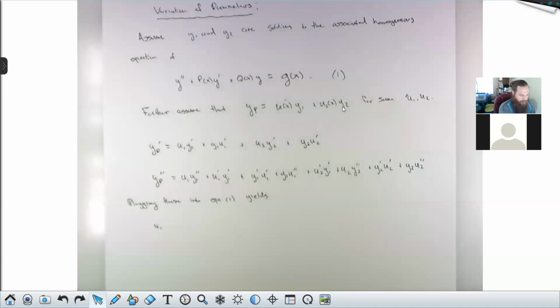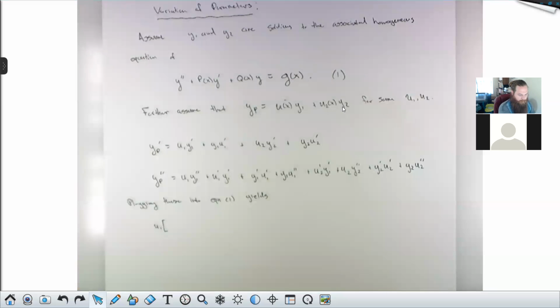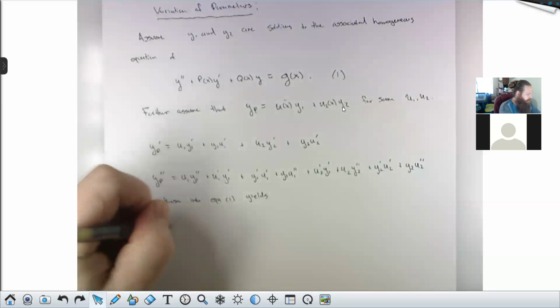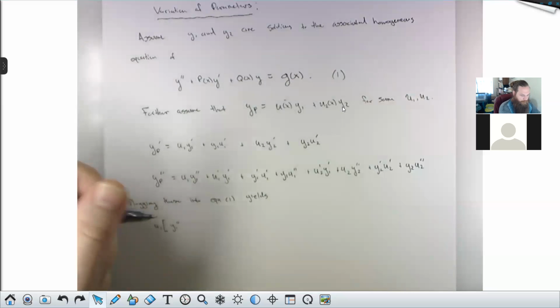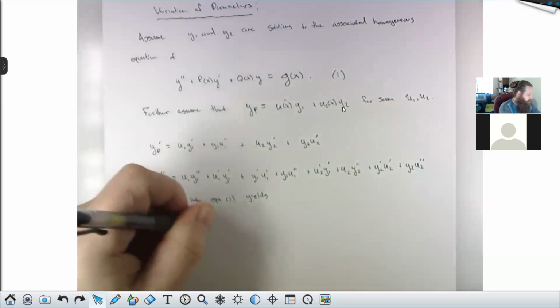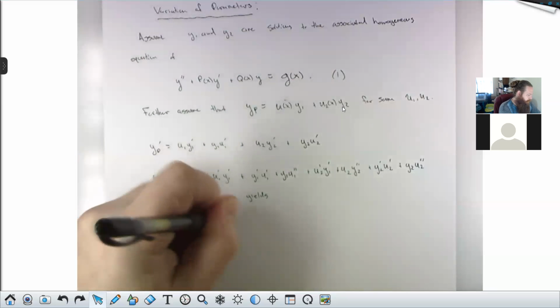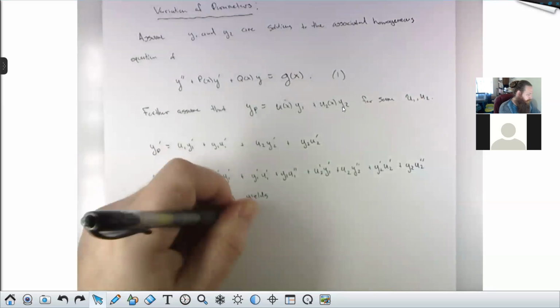After I regroup all my terms, I'll have a bunch of stuff that has a u1, and I'm going to factor the u1 out, and I'll get u1 times (y1 double prime plus p of x times y1 prime plus q of x times y1).